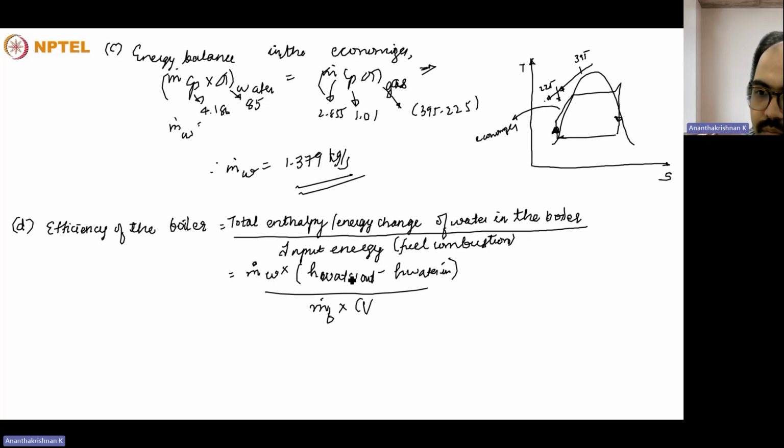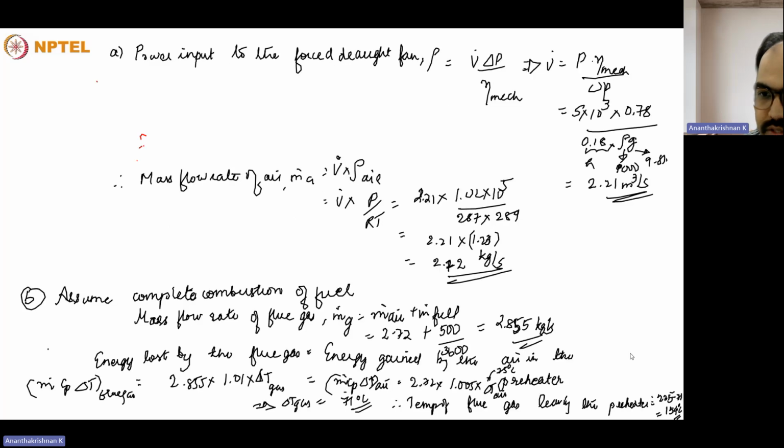So h water out minus h water in. So the water inlet temperature is 40 degrees, saturated liquid water at 40 degrees Celsius.